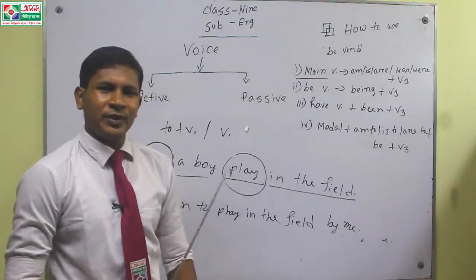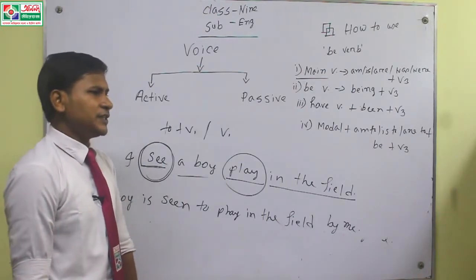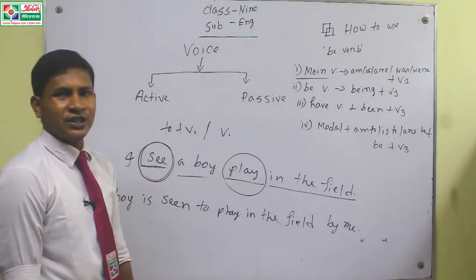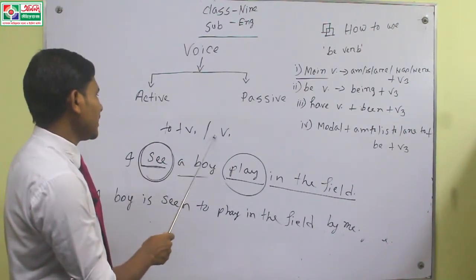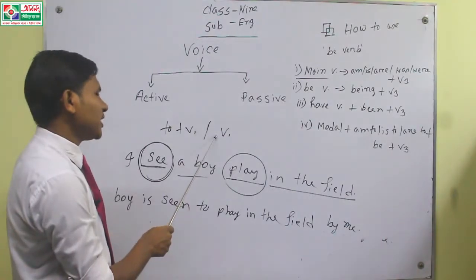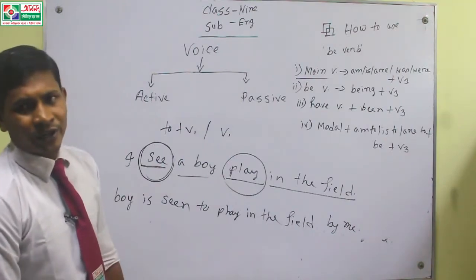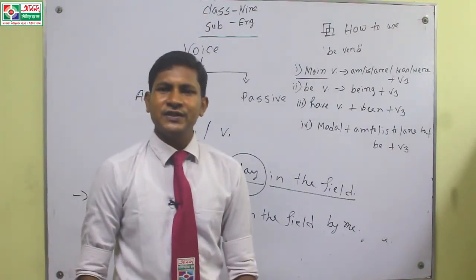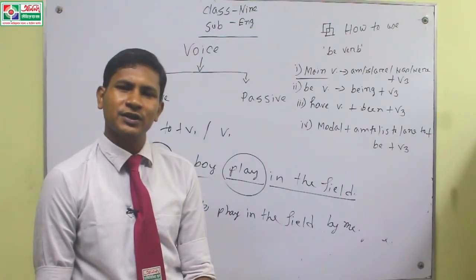Again, I repeat these rules. Generally, infinitive means to plus verb 1, and bare infinitive means only verb 1, where to is silent. When we change the sentence into passive voice, we use to.